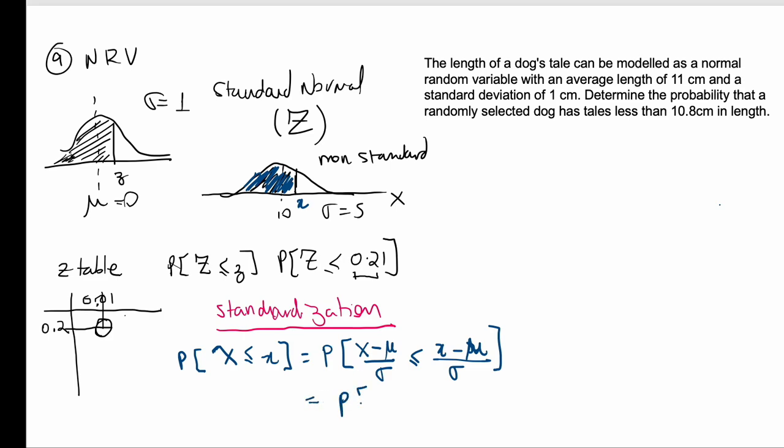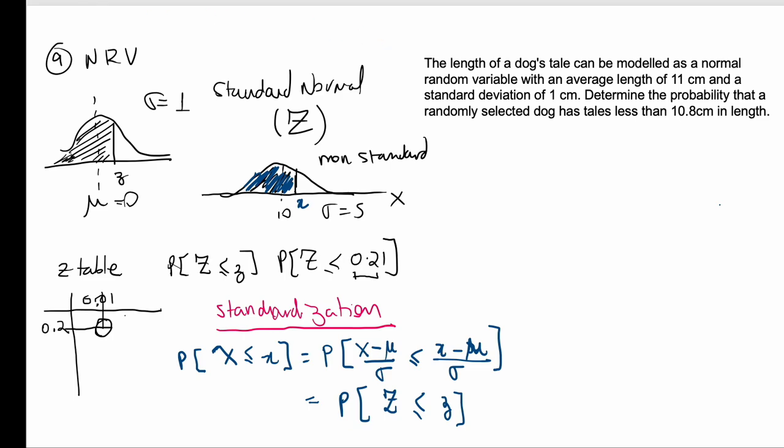And mathematicians proved that if you do this in whatever normal you have, in whatever x you have, this will become z. The left-hand side will become z, okay? And the right-hand side will become a score or a little z that you will be able to look up on the table, okay? So let's do an exercise so that we can understand this.